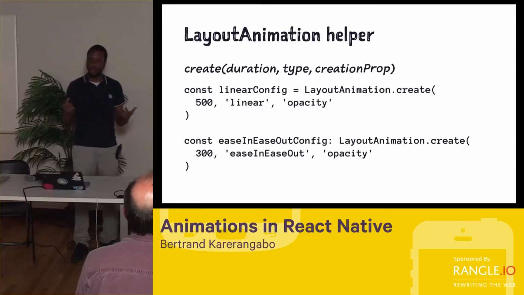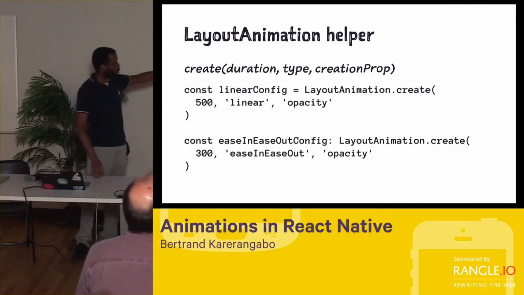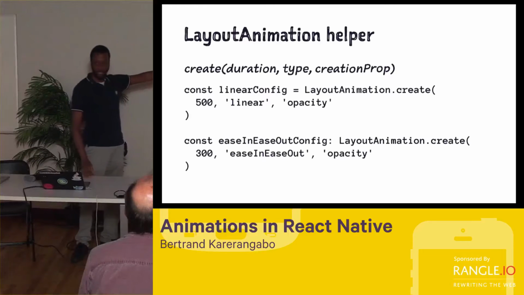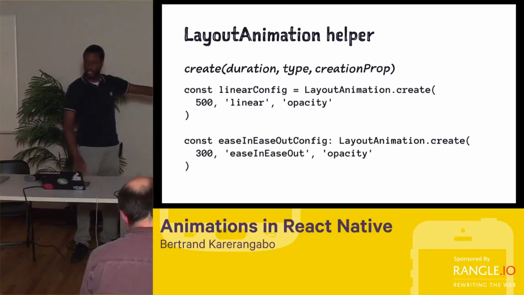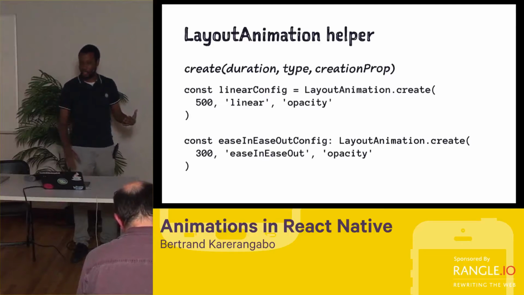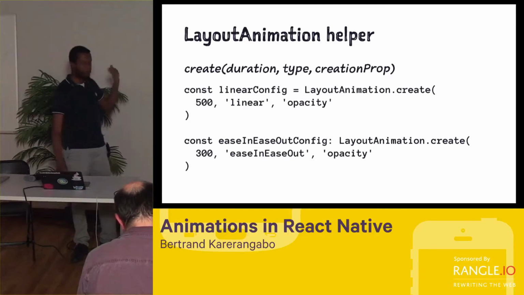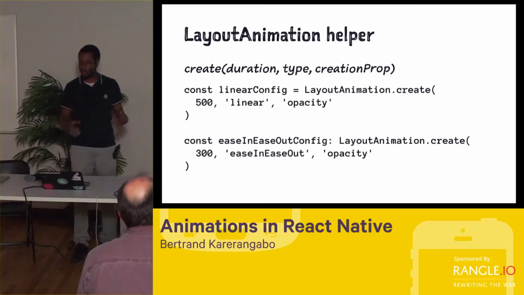So what property do you want to change based upon create and delete? Here for a linear one, we'd just pass in 500 milliseconds, linear update, and opacity on create and delete. So it would essentially do what we did before, but just a much simpler version, obviously.